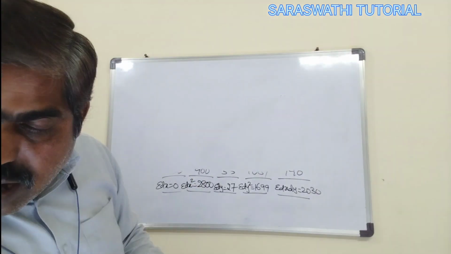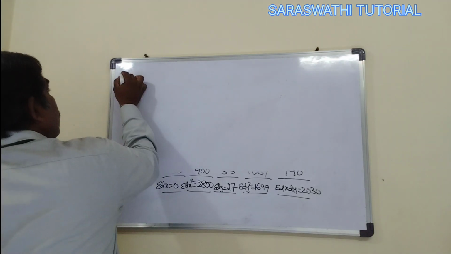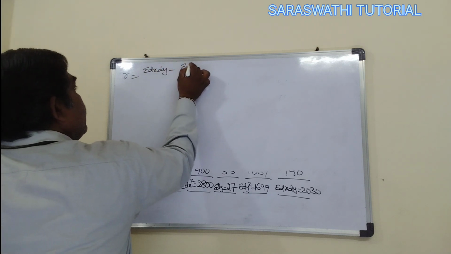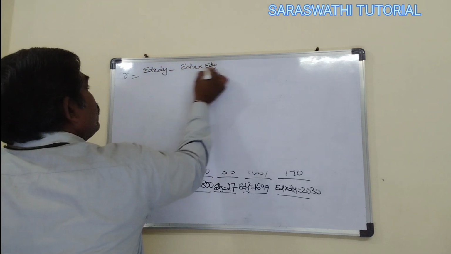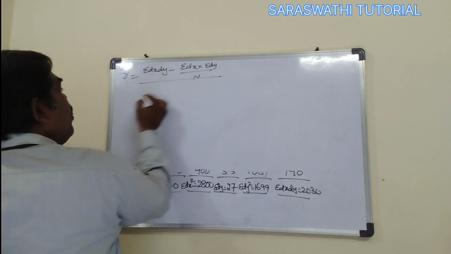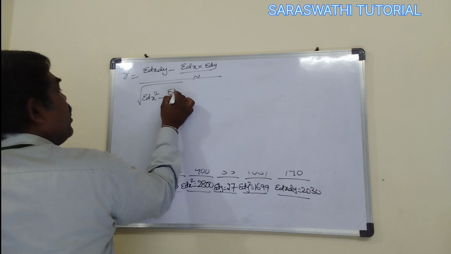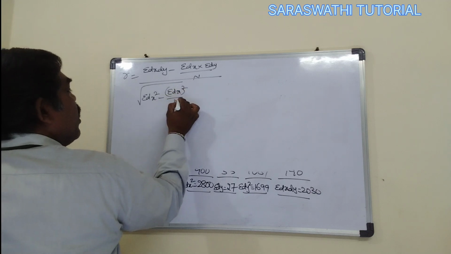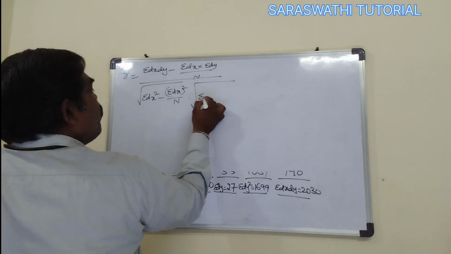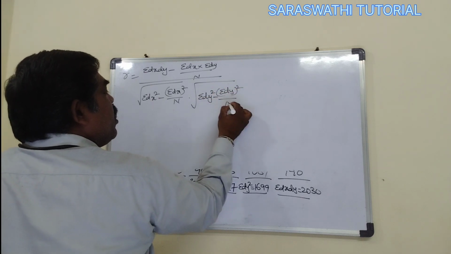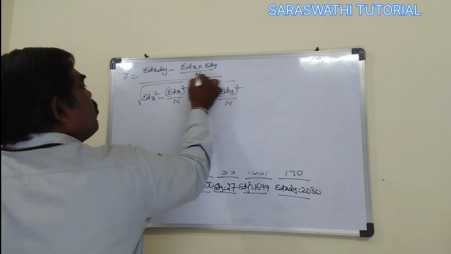Now r equals summation dx dy minus summation dx into summation dy by n, whole divided by under root summation dx square minus summation dx whole square by n, into under root summation dy square minus summation dy whole square by n. Right? This is the formula.